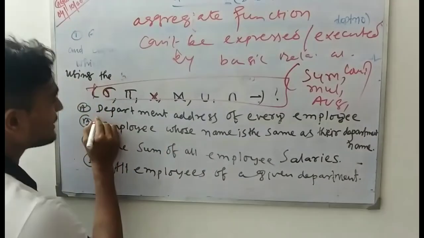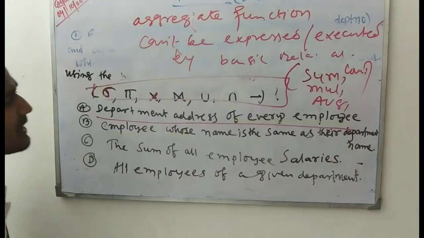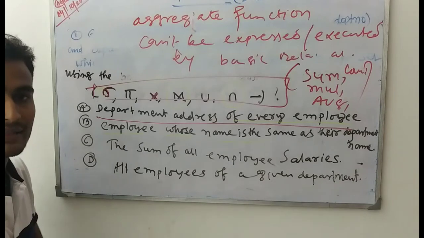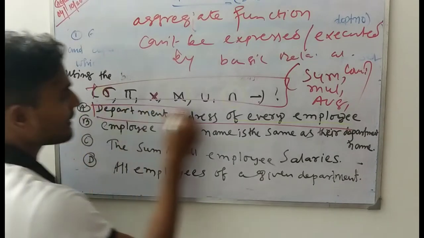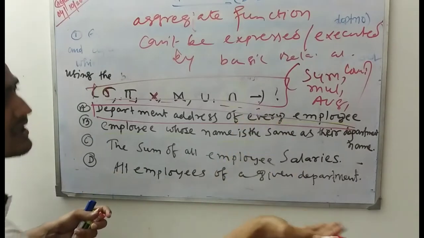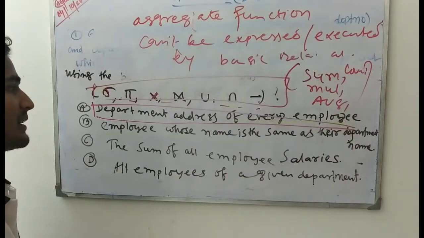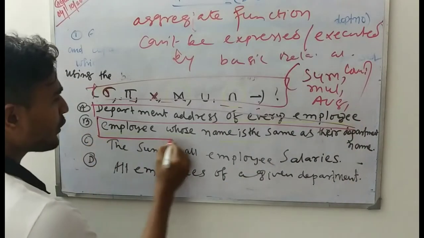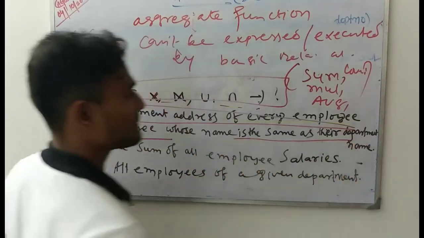The department name and address of every employee: yes, we can execute this query with the help of the basic algebraic operations. Then, the employee whose name is the same as their department name.